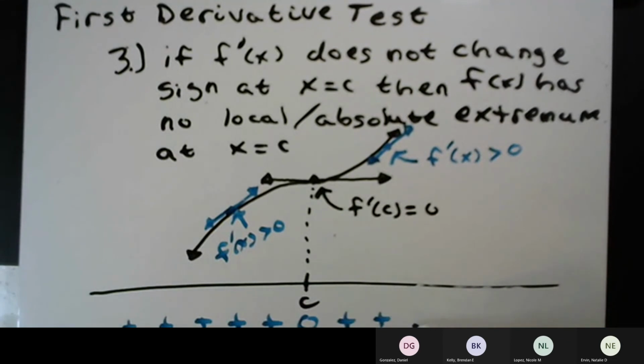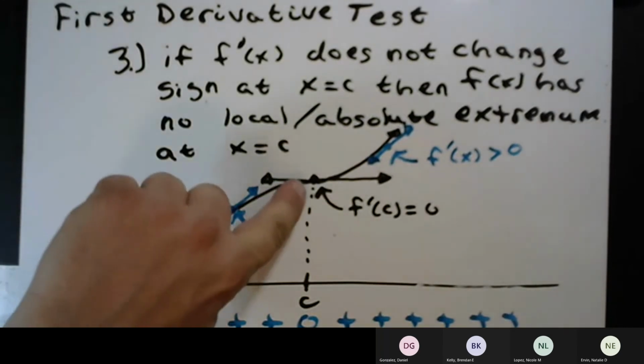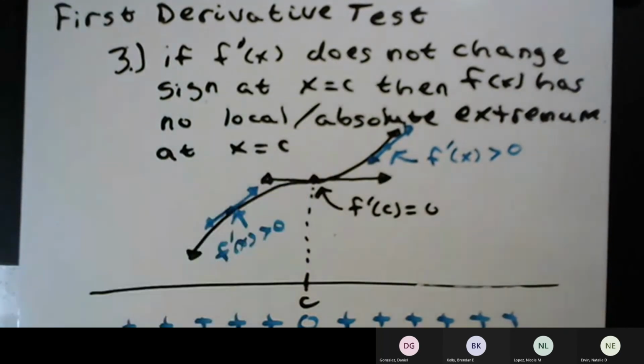But then we keep going plus. There's no change in sign. And this is not a minimum or a maximum of any kind. So that's how that third case can come in. Now, any questions about that before I do an example? All right.